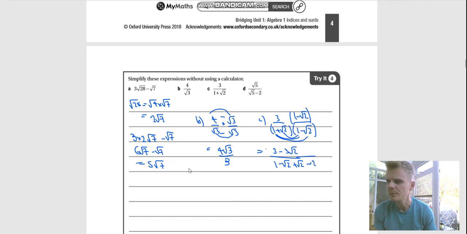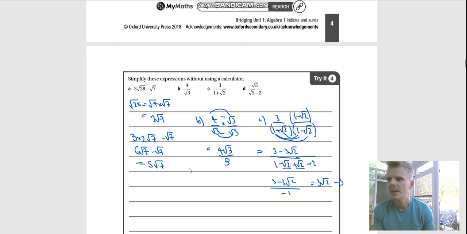Because we picked the positive and negative version of the same bracket, the terms in the middle, minus root 2 and plus root 2, will always cancel. So we've got rid of the irrational number in the denominator, and we end up with 1 minus 2, which is negative 1, which we can even simplify. If we divide both the 3 and the minus 3 root 2 by minus 1, they change signs, so we end up with 3 root 2 minus 3.